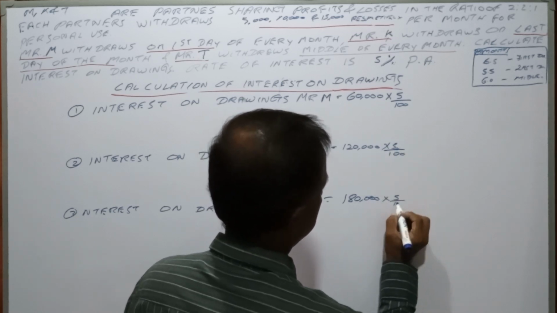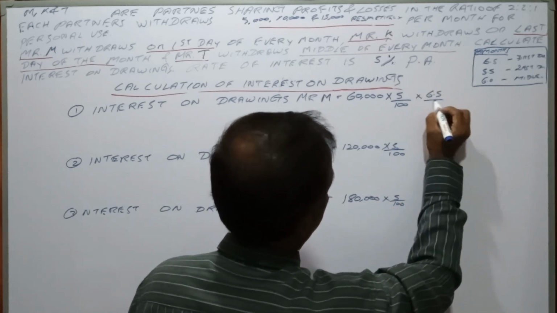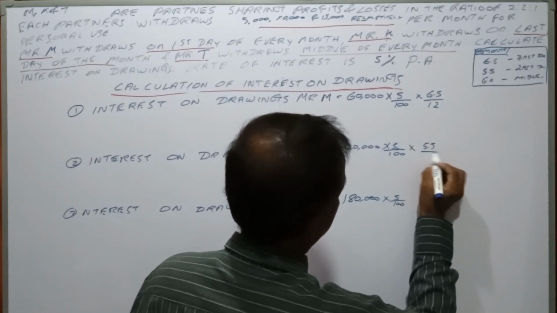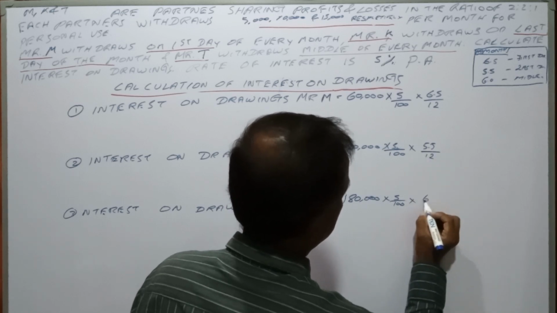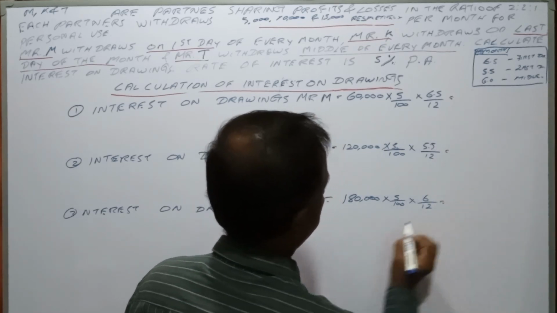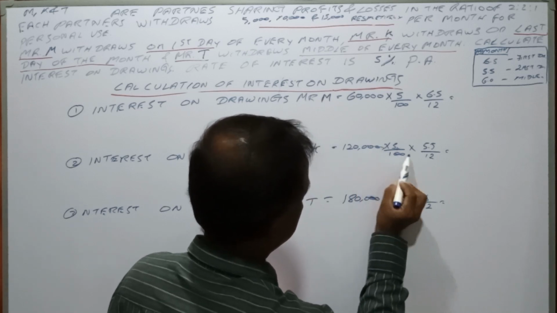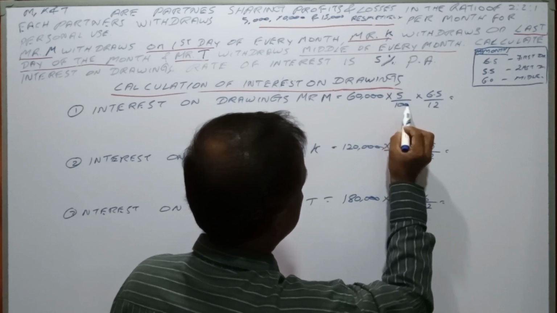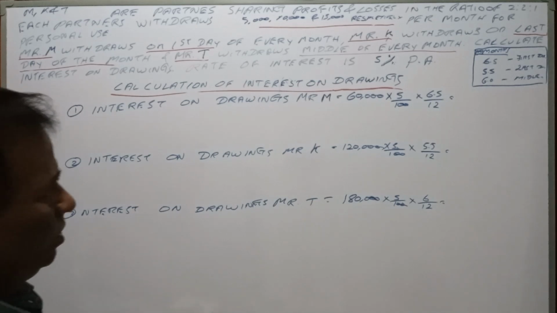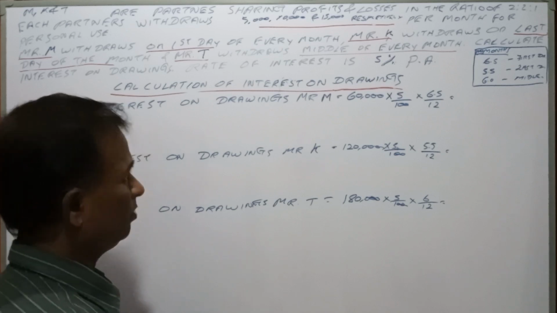So this is 6.5 months out of 12. This is 5.5 months out of 12. This is 6 months out of 12. So you have to calculate. This we can strike off, strike off, strike off. This we couldn't strike off, so we can keep it as it is.